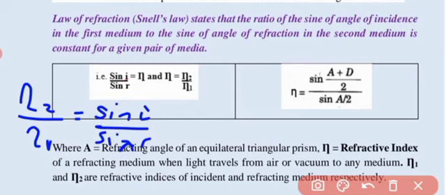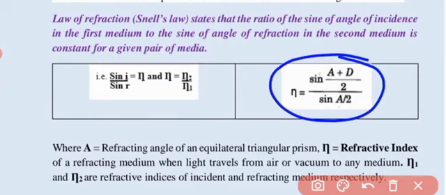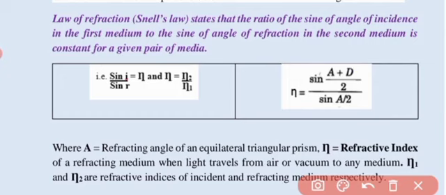So that is why we said that this is equal to the whole of this. Okay, now for a triangular glass prism, due to some other parameters that we discussed, that is the refracting angle of a triangular glass prism and the angle of deviation, this Snell's law is expressed in this form for a triangular glass prism. So when we get to calculation, we are going to see how to apply all these parameters in solving problems.